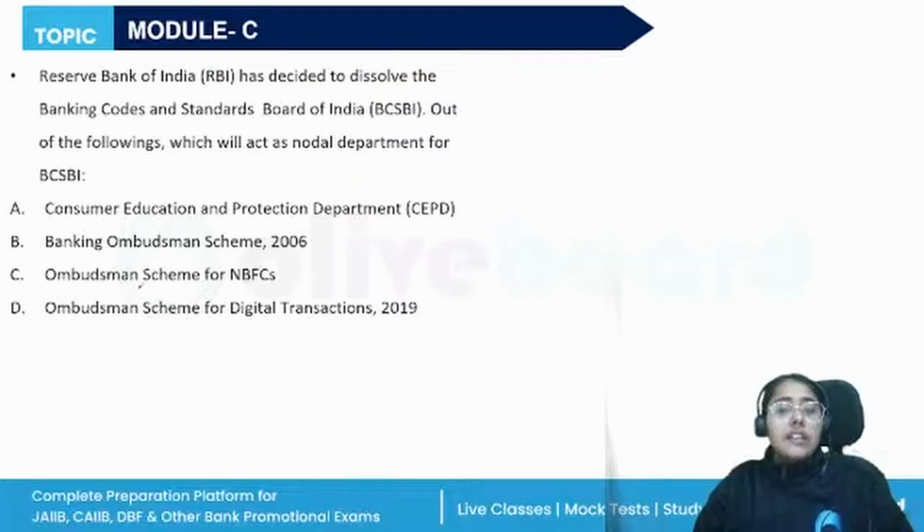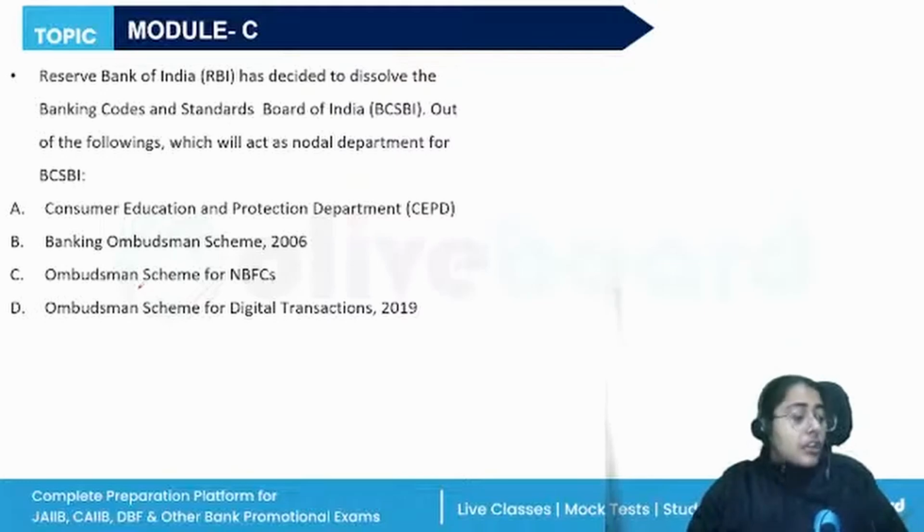Next, the Reserve Bank of India has decided to dissolve the BCSBI. Out of the following, which will act as the nodal department: the Consumer Education and Protection Department, CEPD, Banking Ombudsman Scheme 2006, Ombudsman Scheme for NBFCs, or Ombudsman Scheme for Digital Transactions 2019?